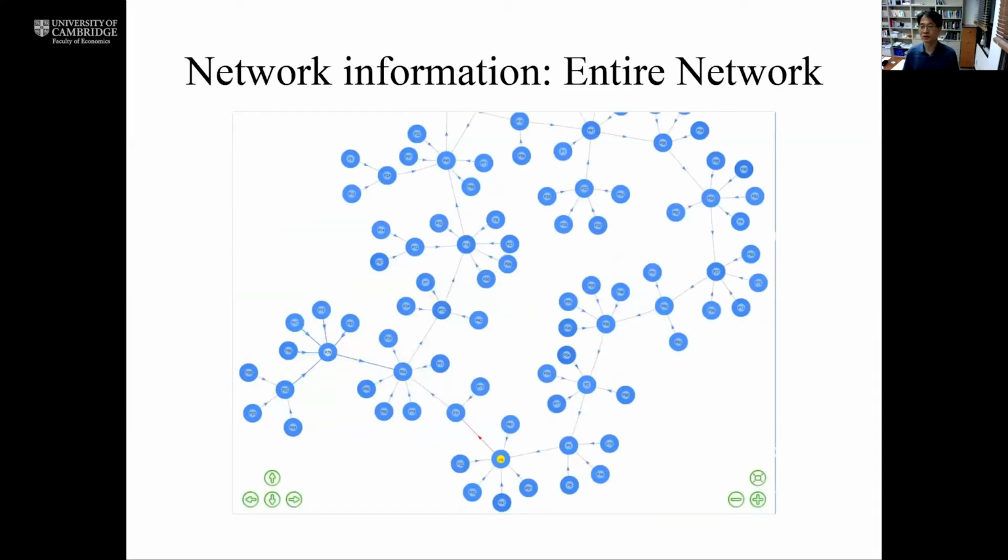The third one is about the information. Let me first talk about the network information. In one setting, if you want to present the entire network, you can show the entire network structure on the subject screen, as you can see.